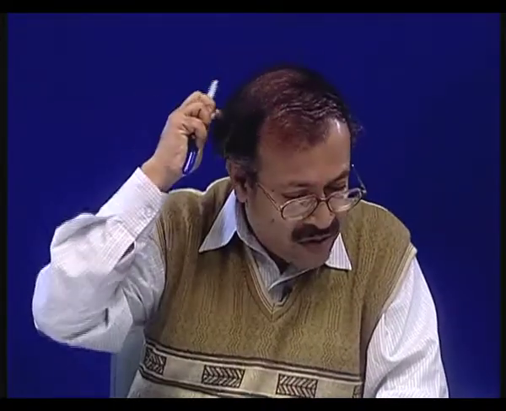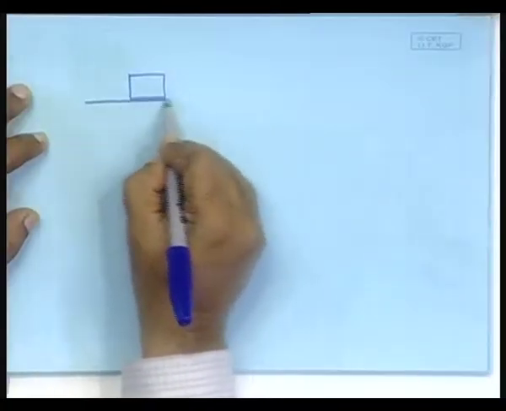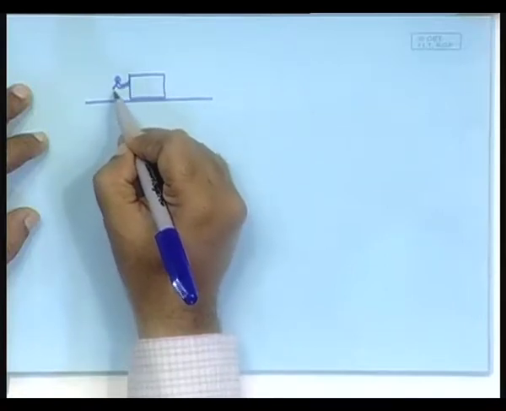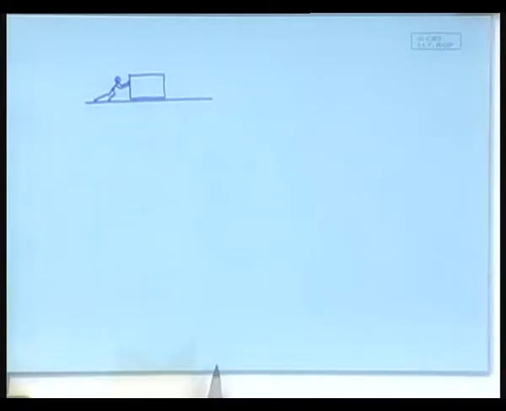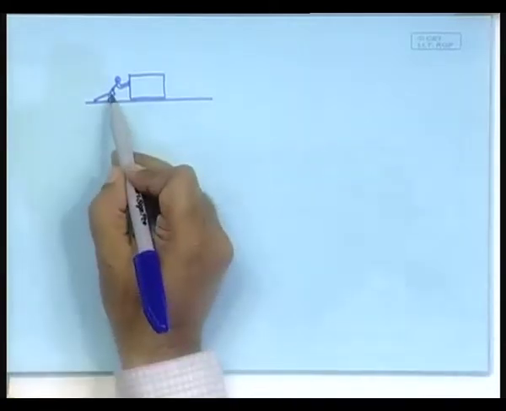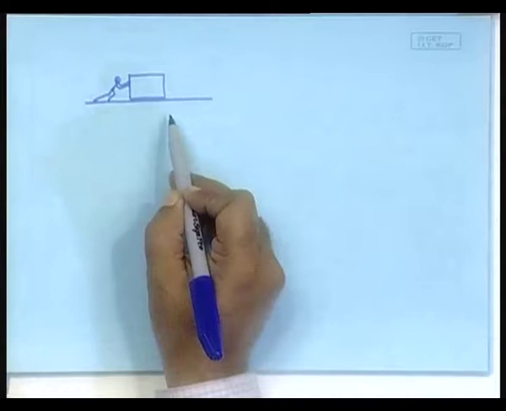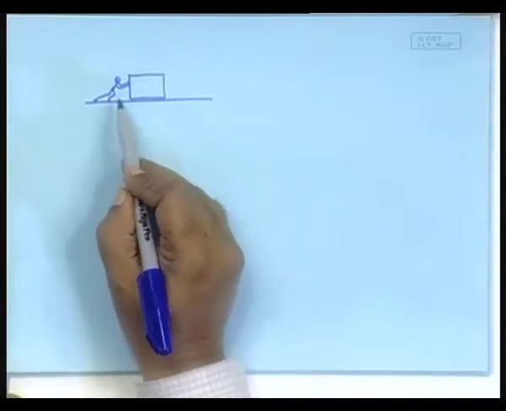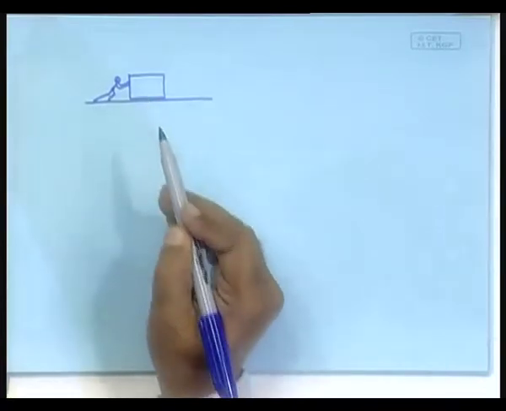Now, notice there is a mass and say some fellow is pushing it like this. So, this is the SE element and this mass is the inertial element I. How will you represent this system? Notice that these two, the SE element and the I element, have to share the same flow.